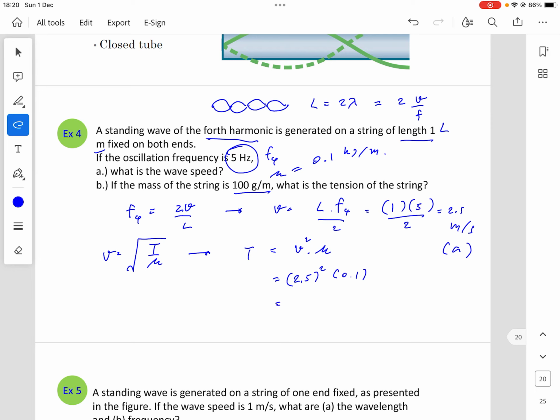So what you get is 6.25 multiplied by 0.1, so this should be 0.625 Newton.